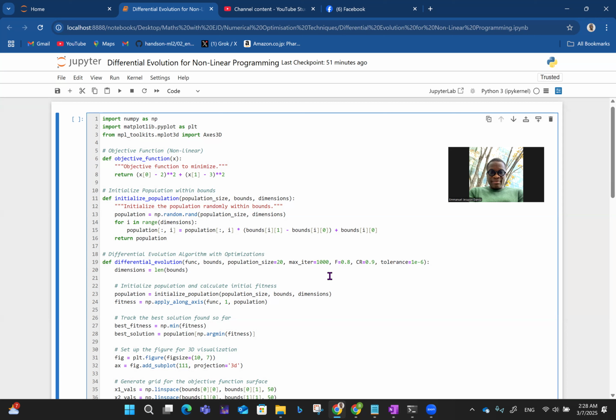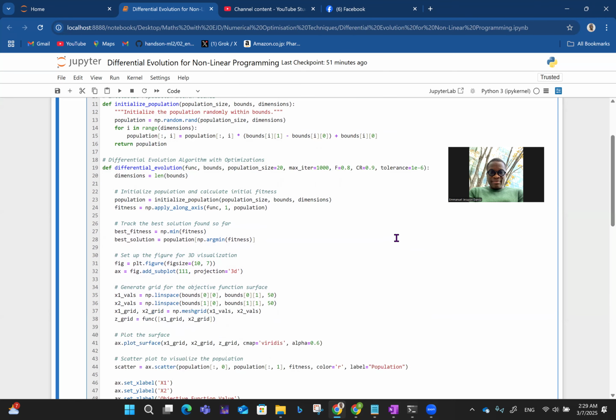And we want maximum iterations to be 1,000. So imagine having to do 1,000 iterations manually. Then F here is 0.8, that F you saw at the other side. And CR is 0.9, which is the crossover probability. And the tolerance is 0.000001. That's like a stopping criteria right there.